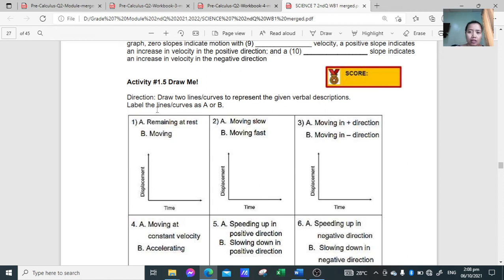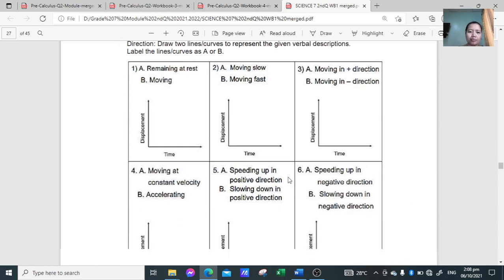Then label the lines or curves as A or B. So you just write what line or curve represents, let's say letter A, remaining at rest. So what is the graph that represents letter A? Just like that.